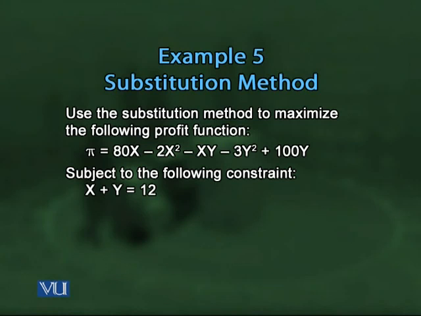In this slide, you can see that we have a profit function which is to be maximized. The objective function is the profit function, but now the firm has to face a constraint in the form of x plus y equal to 12, which can be considered as a production capacity constraint, that is, the firm has to produce x plus y equal to 12.